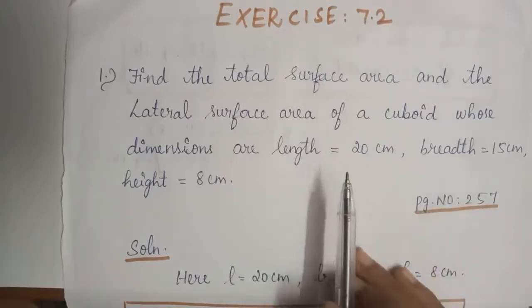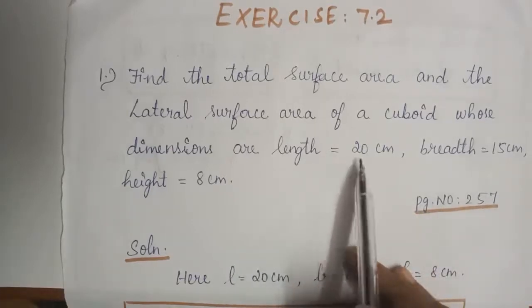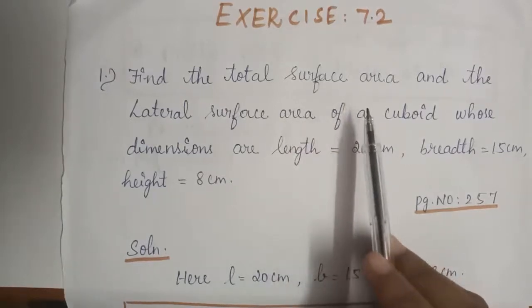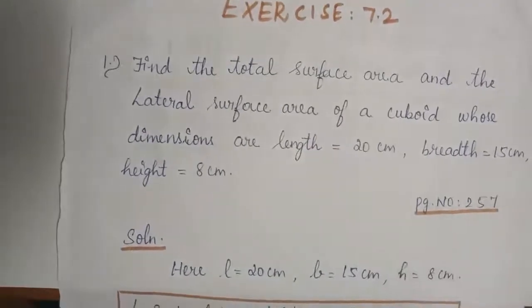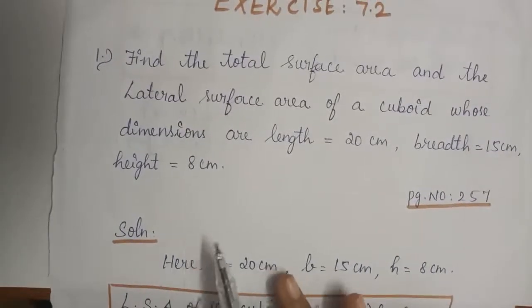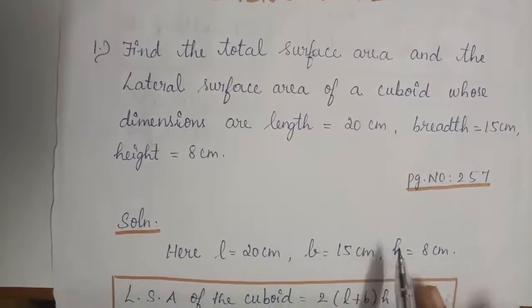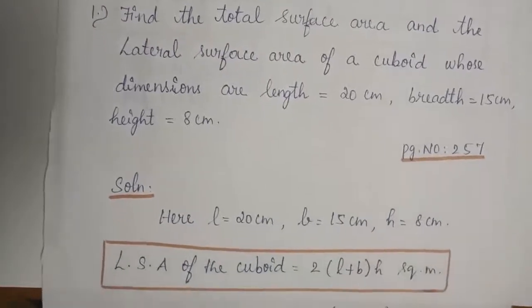Already in the example itself we see how to find the lateral surface area and total surface area of the cuboid. First you have to write the solution. Here L is equal to 20 cm, B is equal to 15 cm and H is equal to 8 cm.